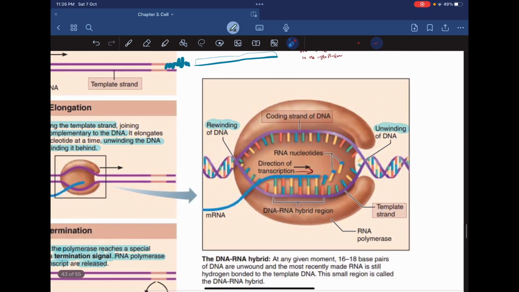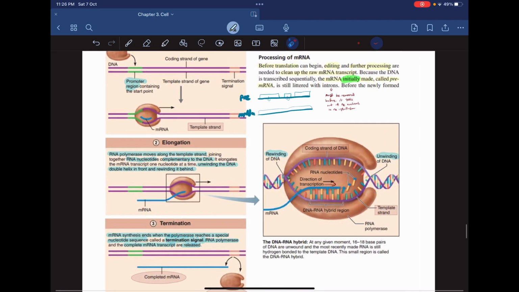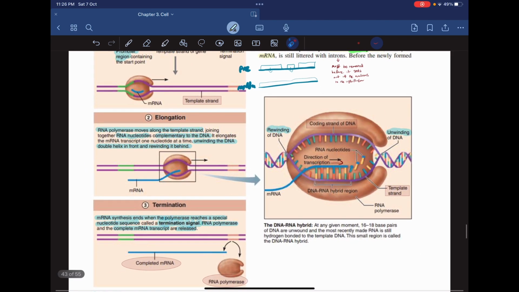Okay, here as you can see, it slides, and here we have the coding strand, we talked about it, and the template one. Here's the mRNA, it slides out with the RNA polymerase. So the mRNA comes up with exons containing coding proteins and introns, and we said that introns should be cut out and we should connect the exons together.